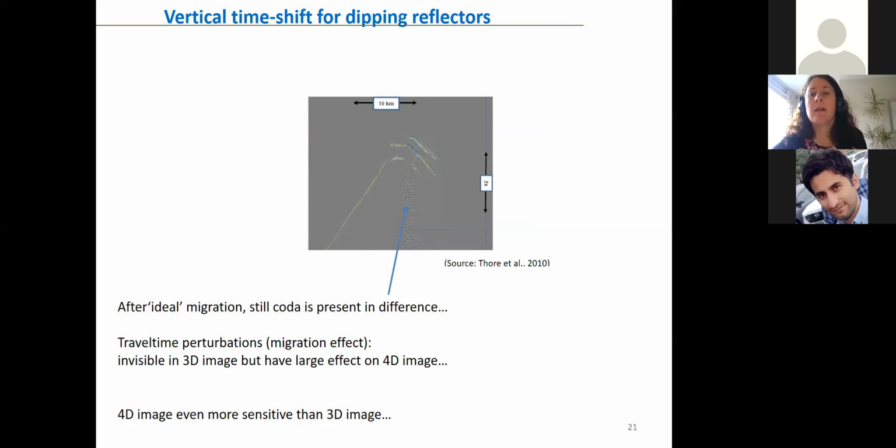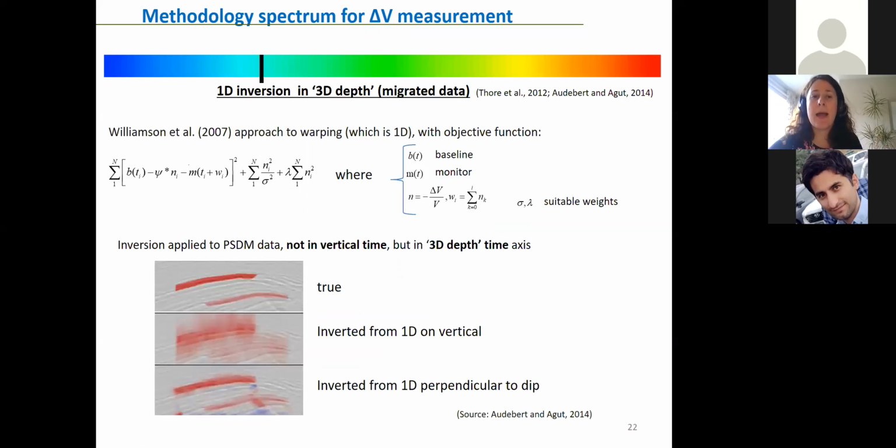So seeing that, the idea came to, I will say Pierre Thor, but it's Pierre Thor and some researchers from Total. The idea came that perhaps rather than measuring time shifts in the vertical sense, we should be measuring time shifts perpendicular to dip, okay? So I call this a 1D inversion, right? Because you're essentially inverting for velocity from your time shifts, but you're doing that not as a 1D inversion in the vertical domain, but as a 1D inversion in this 3D depth domain, okay, in migrated data.